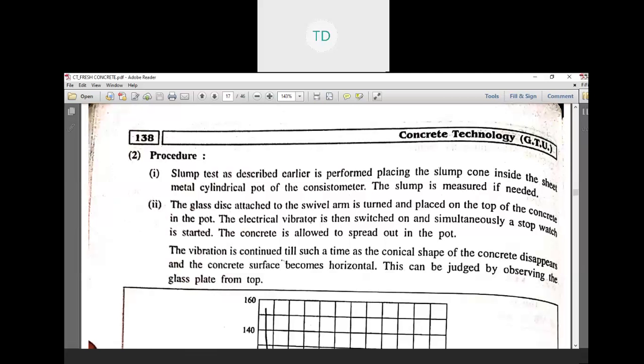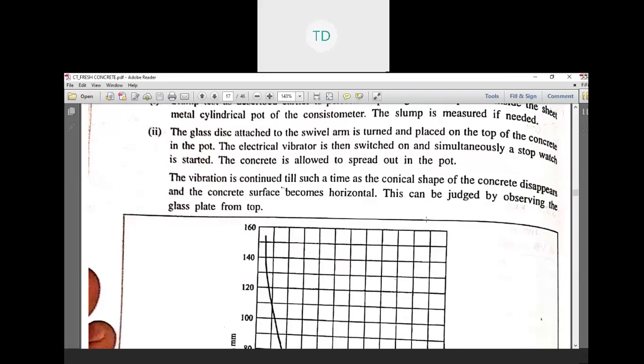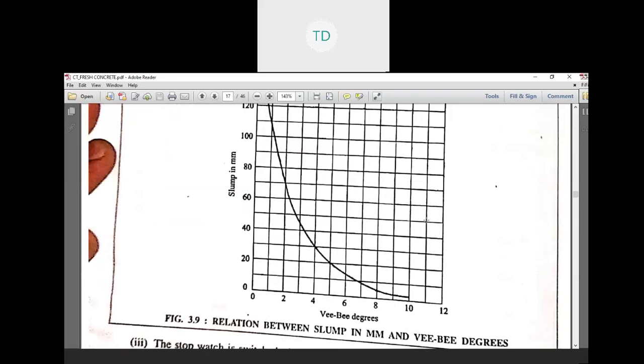The concrete is allowed to spread out in the pot. The vibration is continued till such a time as the conical shape of the concrete disappears and the concrete surface becomes horizontal. This can be judged by observing the glass platform top.